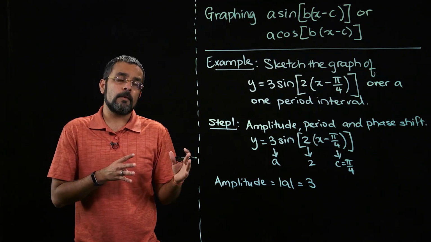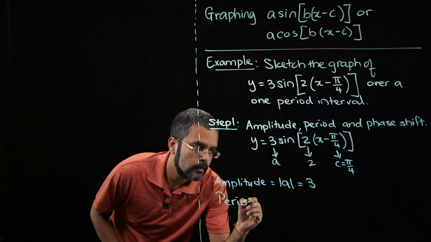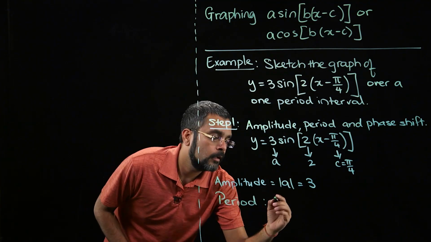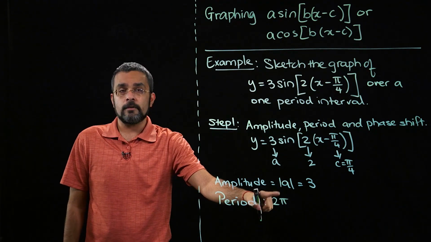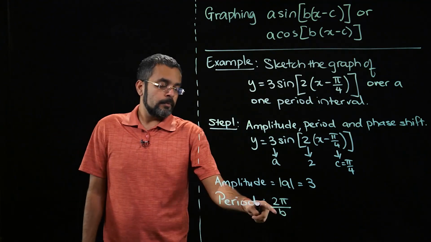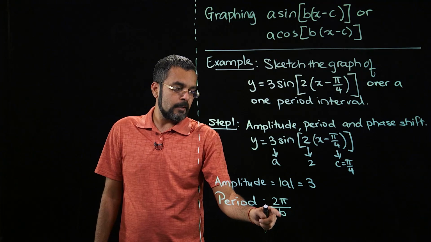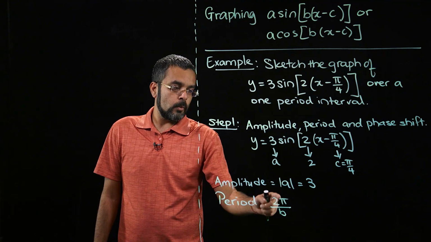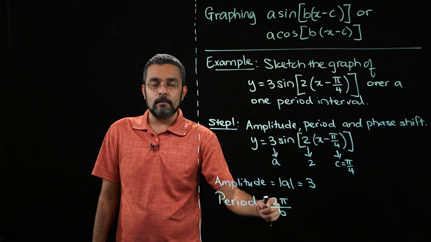So how do I get the period of my function? My period is given by 2 pi, which is the period of the sine function, divided by b. If b is greater than 1, that's going to give me a smaller period, less than 2 pi, which gives a compression.